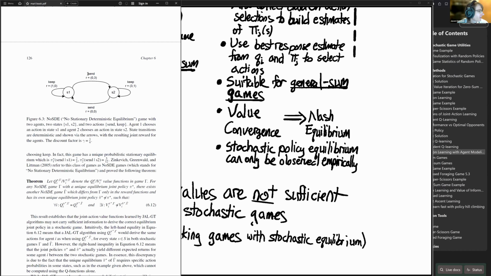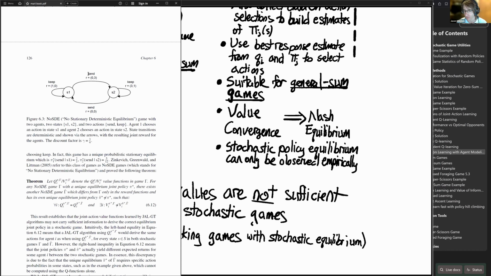The reason is, if you have a turn-taking game, when you look at the joint action values for a given state, you don't have this grid anymore. Instead, you just have a single list of values, exactly the same as what you have in ordinary reinforcement learning. And in ordinary reinforcement learning, we know that a deterministic policy is enough.